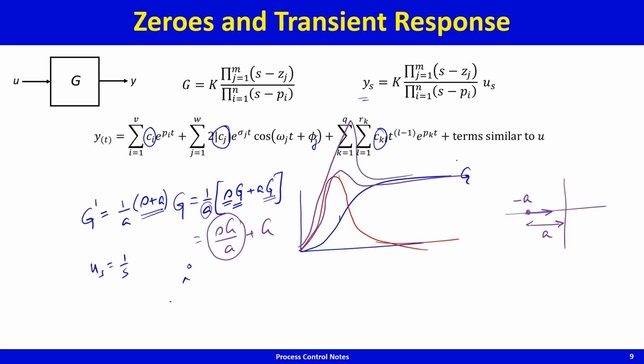An interesting thing happens if this 0 moves into the right half plane. Let's say the 0 is over here. Then what will happen? Then your g prime is equal to, you're multiplying by s minus A, because A has moved to the right hand side, and therefore you'll be dividing by minus A and then multiplying by g, and this is going to be s times g over minus A plus g.